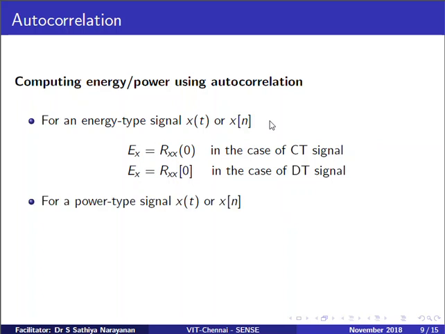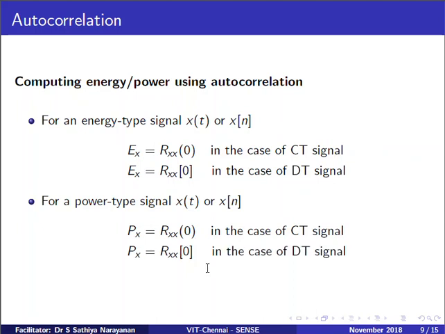Similarly, for power, for a power type signal x of t, you would have obtained rxx of tau, then substituting tau equal to 0 will give the power of x of t. In the case of discrete time signal x of n, substituting m equal to 0 in the autocorrelation expression rxx of m will give the power of x of n.